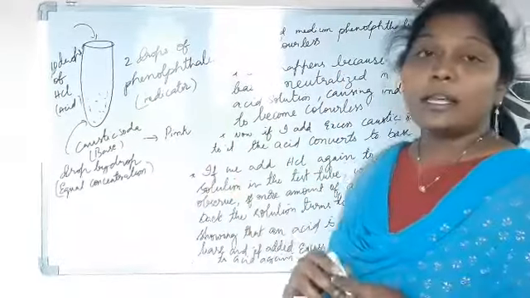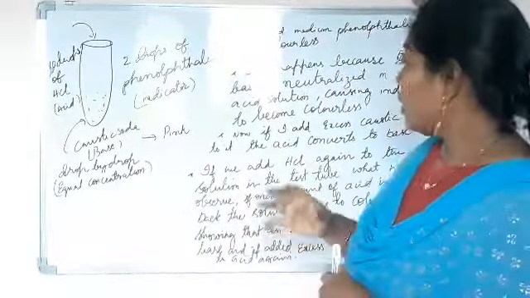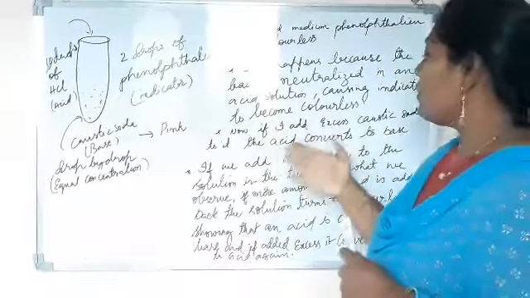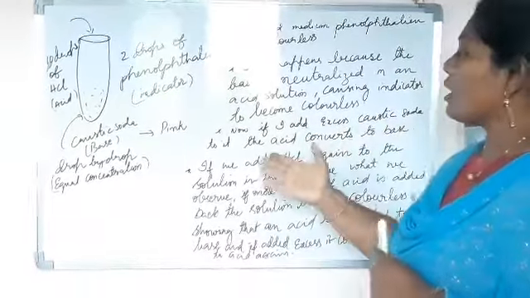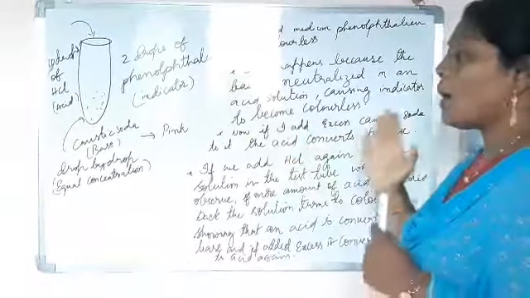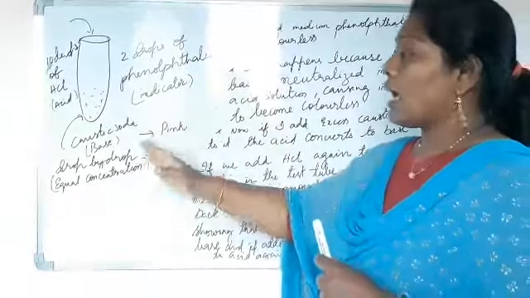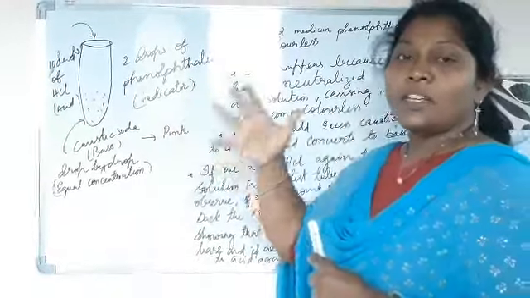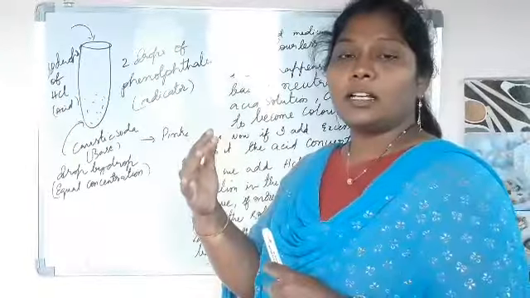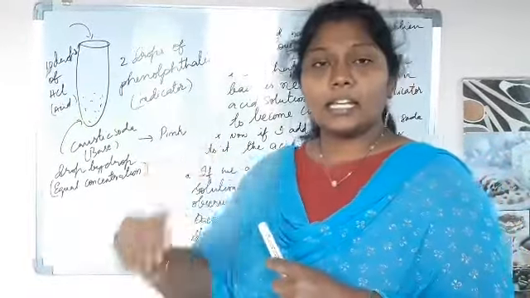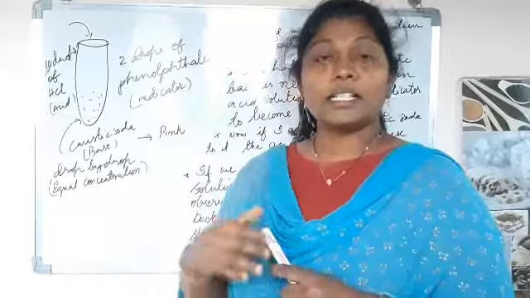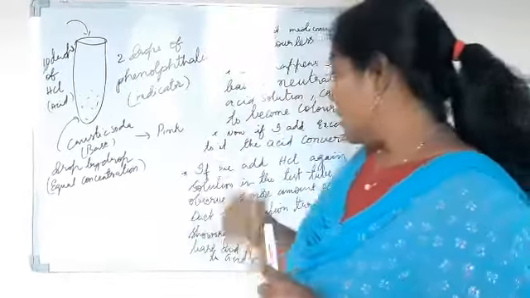See children, it is an important reaction. If we add excess caustic soda to it, the acid converts to a base. The excess caustic soda, which is exceeding the limit, will turn an acid into a base.